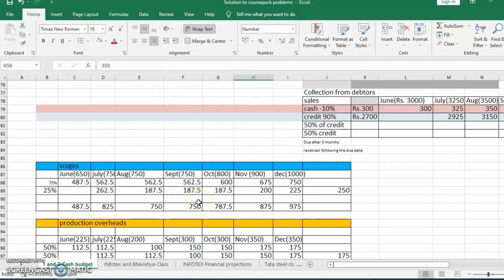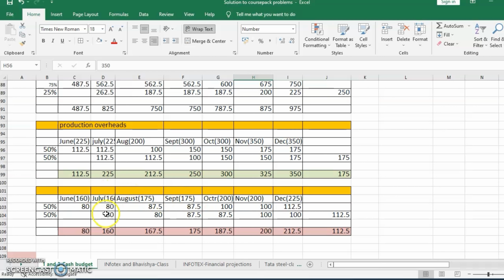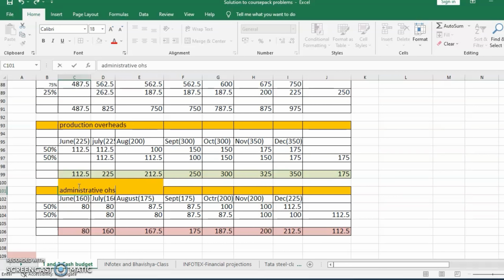Admin also. There is absolutely no change in the case of the administration overheads. Let's take October directly. 200 rupees is the total admin overhead. 50% of that is 100, so 50% shall be paid in the month of November.